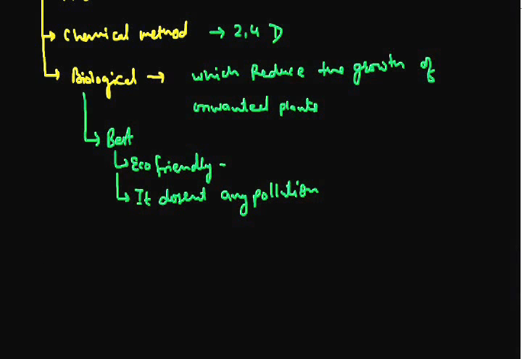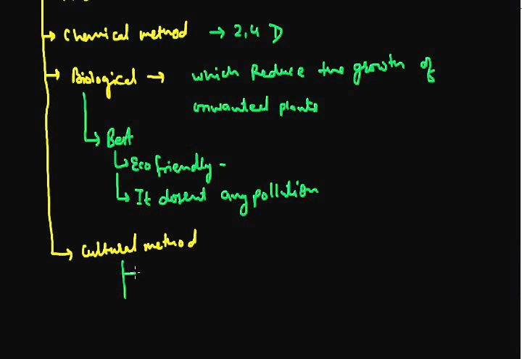Now the next method is the cultural method, which is used to prevent the growth of unwanted plants or weeds. The cultural method is also helpful to reduce the growth of weeds.